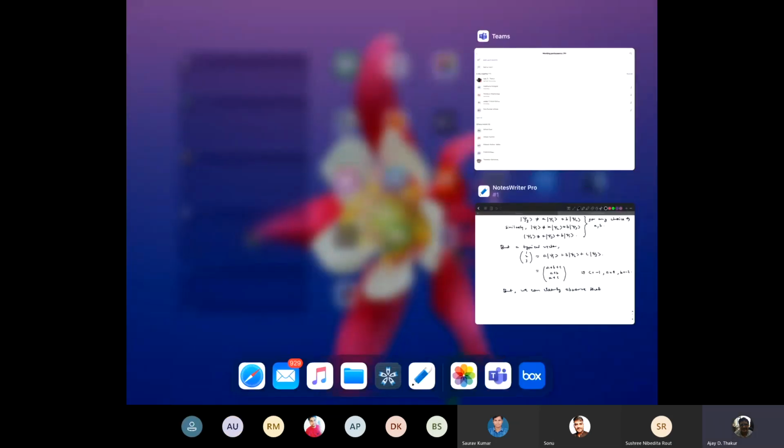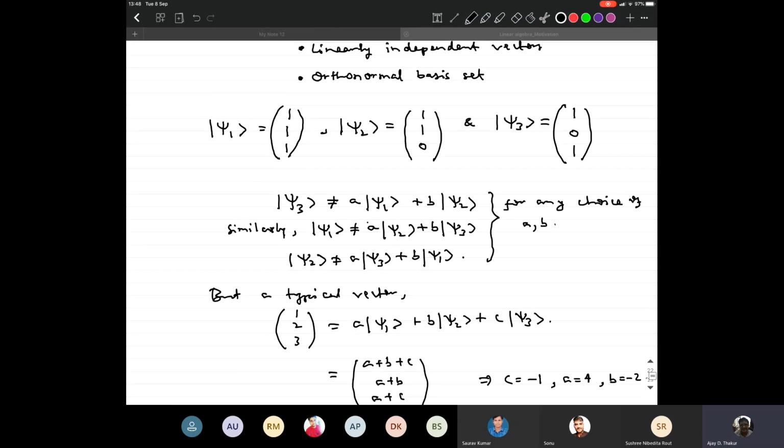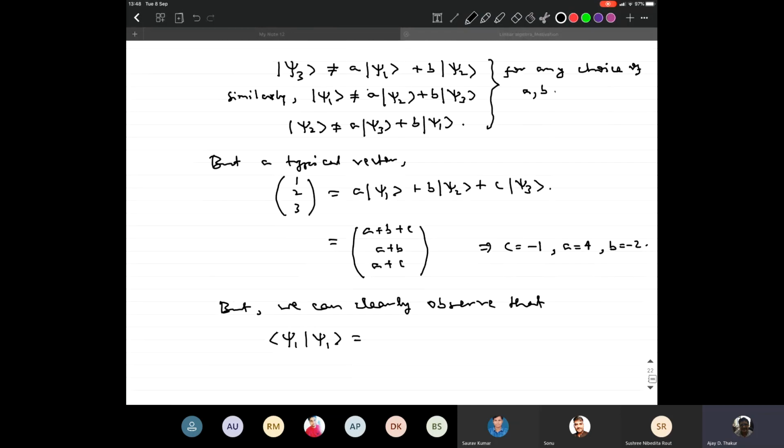But we can clearly observe that if we take psi1 with psi1, it is going to be 3, so it is not equal to 1.